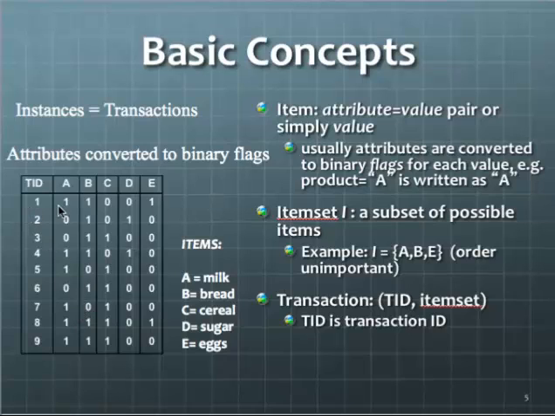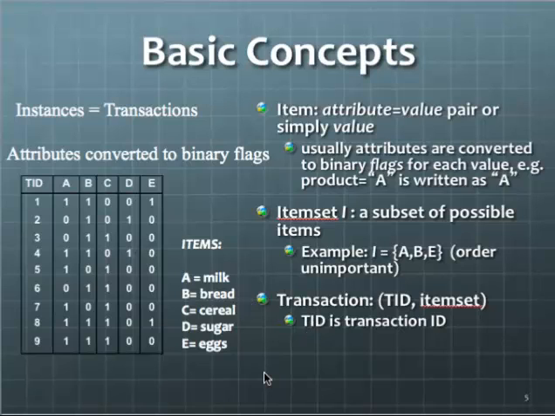So we can see that transaction 1 has items A, B, and E, which correspond to milk, bread, and eggs. And transaction 2 includes items B and D, which correspond to bread and sugar.